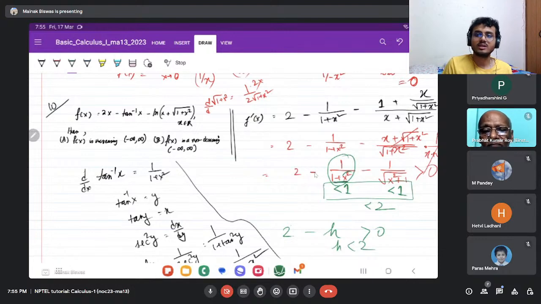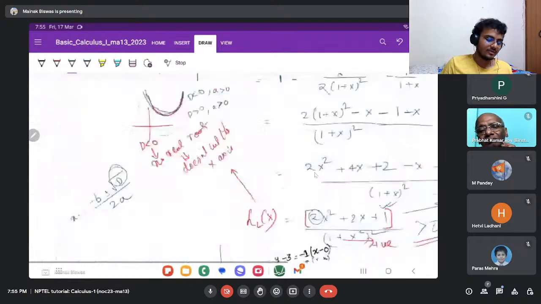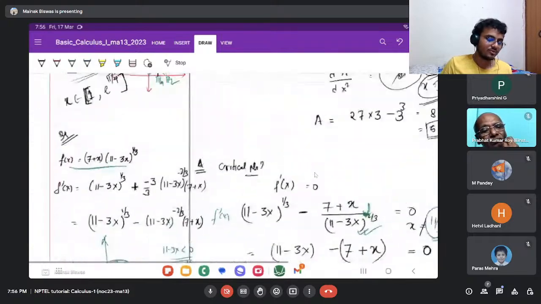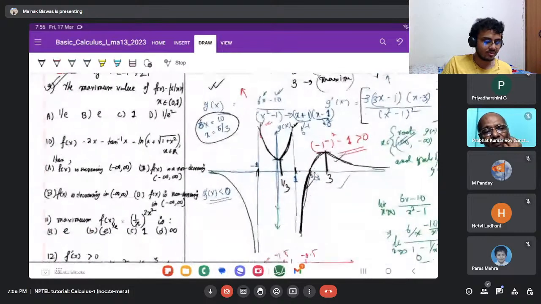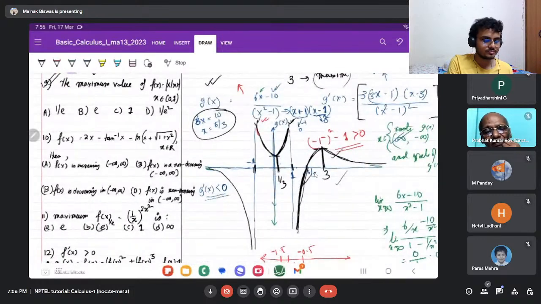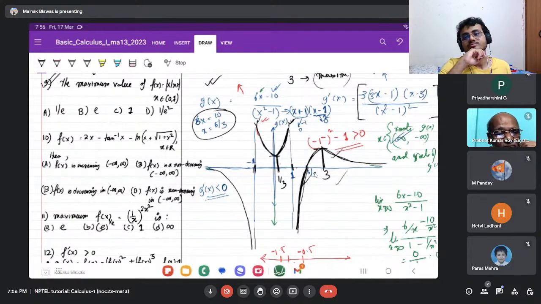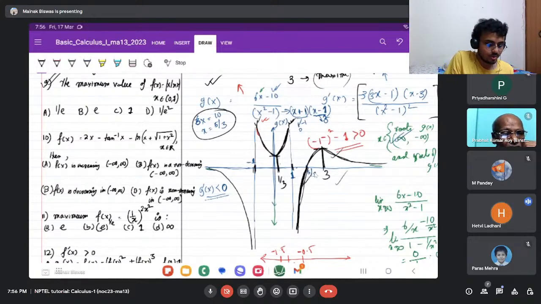If you divide by something more than 1, you always get less than 1. And this one also has a denominator more than 1. So this function is always greater than 0. What is the inference that we draw? Which of the following is right? f(x) is increasing, f(x) is non-decreasing, f(x) is decreasing, f(x) is non-increasing. Which is correct? So we found both A and B.